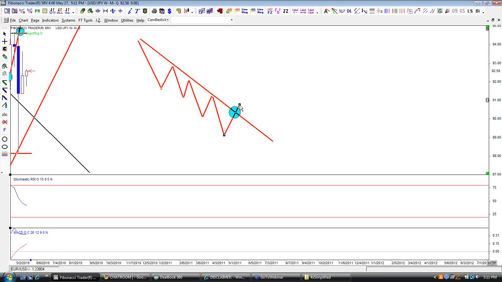Now once price breaks the trend line, the next thing that will signal for us that price is changing direction is maybe we'll make a higher high. Price will no longer continue to make lower lows and lower highs, but now price will start making higher highs and probably higher lows.